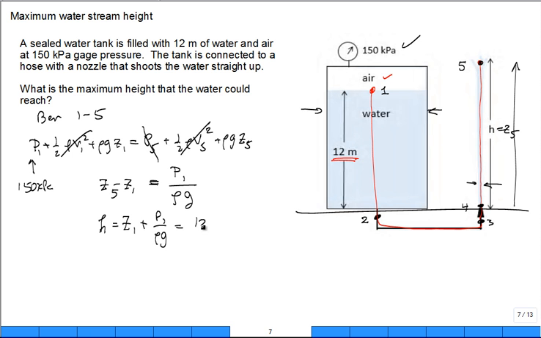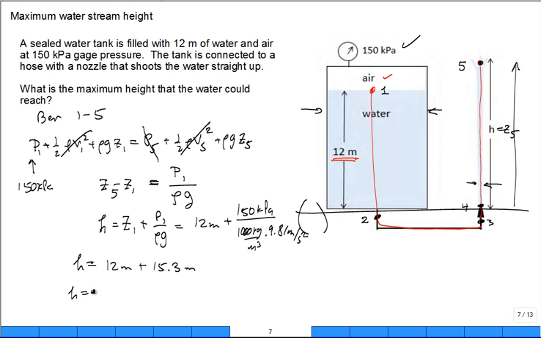It's equal to 12 meters plus 150 kilopascal divided by 1,000 kilograms per meter cubed times 9.81 meters per second squared. Worry a little bit about unit conversion, and so that maximum height that the water column can go is going to be 12 meters plus 15.3 meters. So the maximum height is 27.3 meters. See how we did that?